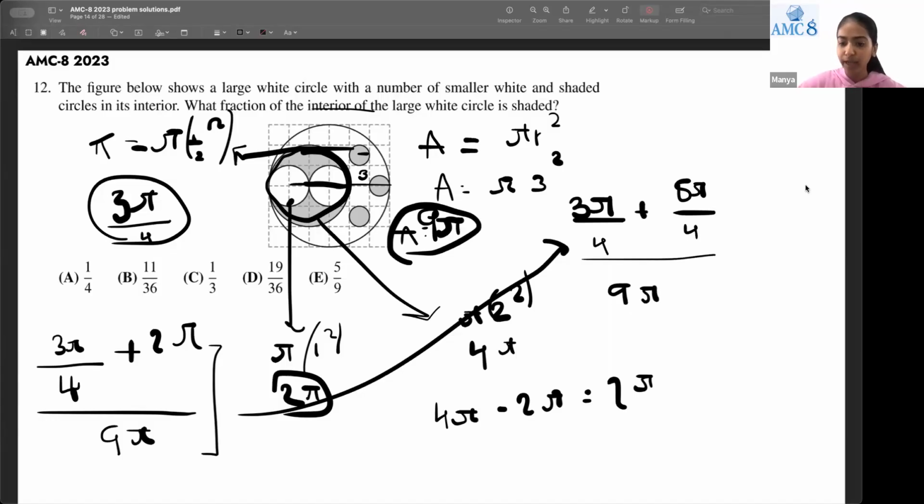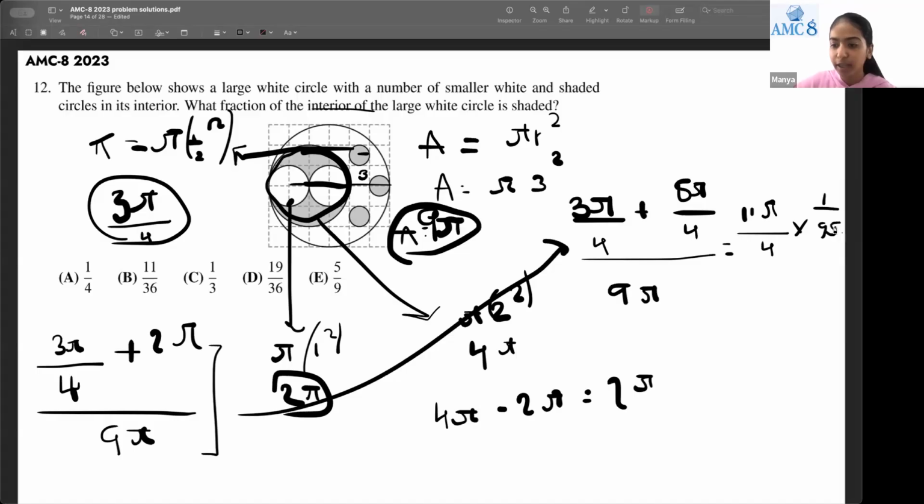And now we'll be getting 11 pi by 4 times 1 by 9 pi.